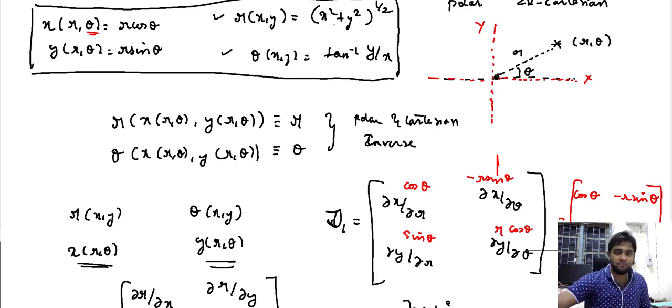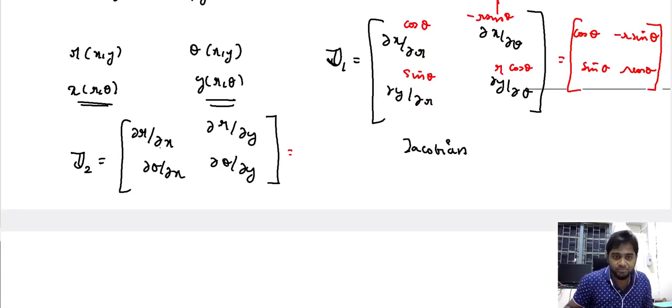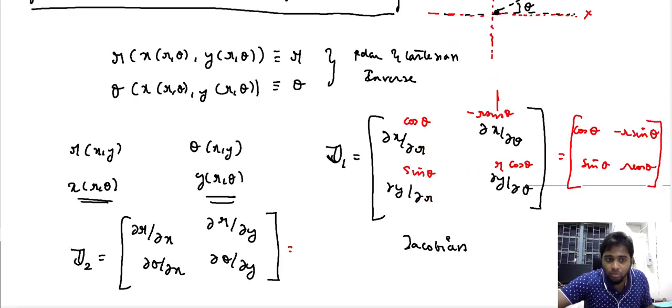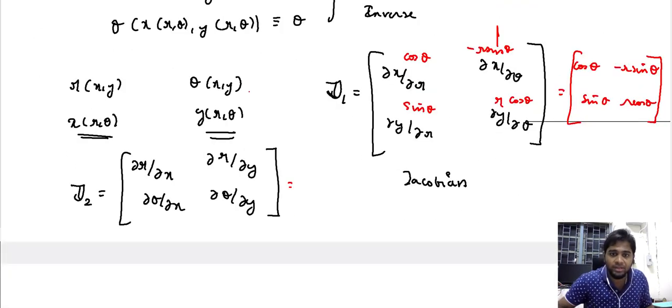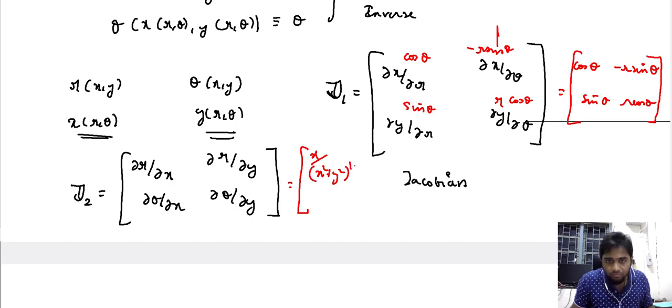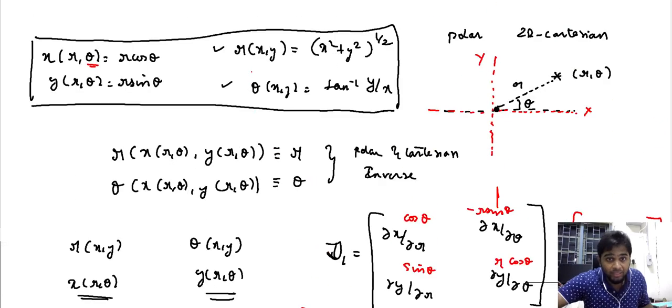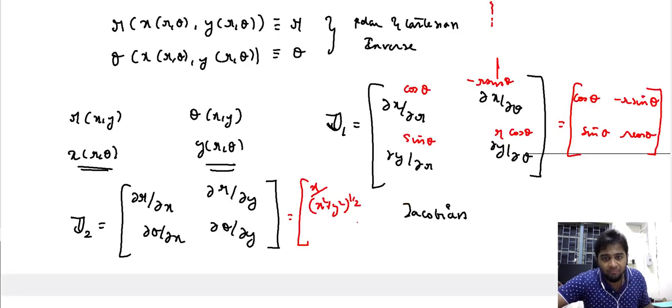Now when we do that, the way we arrive at the expression for ∂r/∂x is this. When you want to estimate the partial derivative of r with respect to x from this expression here, the first term would be of this form: x by (x² + y²) to the power 1/2. So we have the expression that relates r, x and y, and from that expression we were able to take the partial derivative with respect to x and arrive at the first term here.